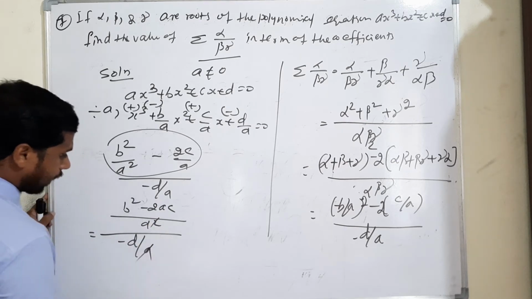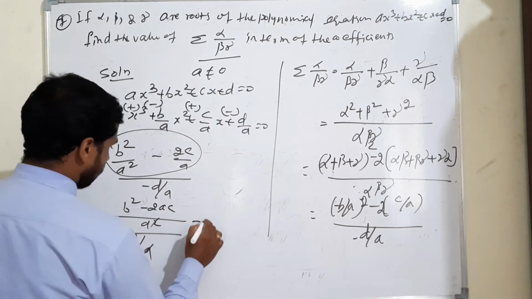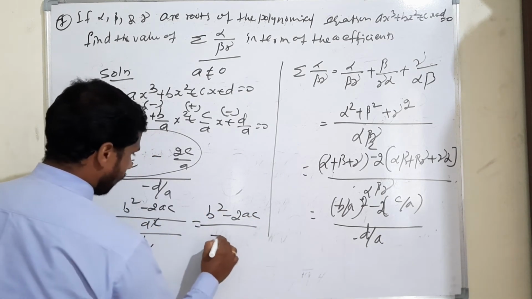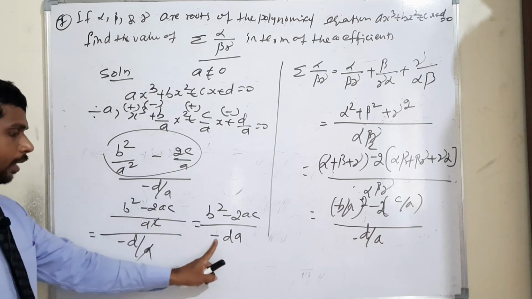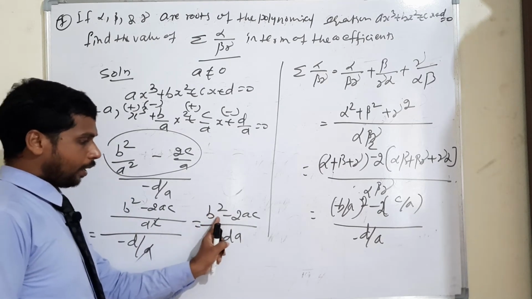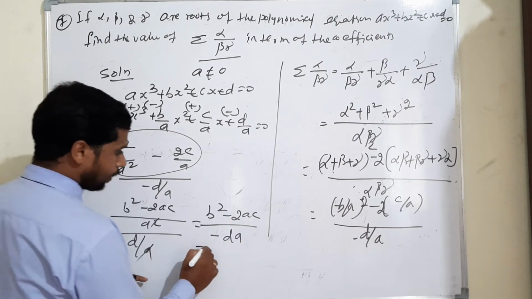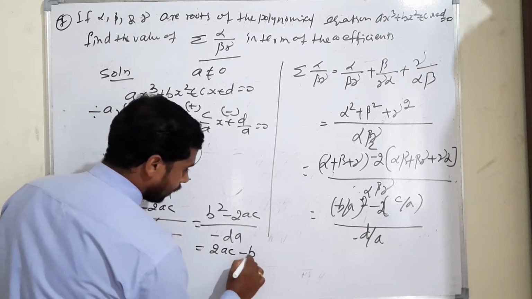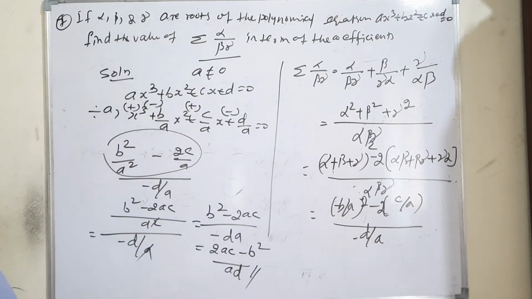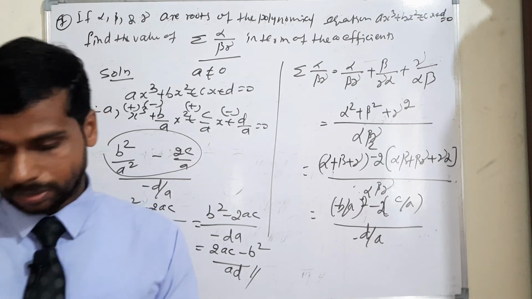Again a square and a cancel, means remaining b square minus 2ac divided by minus dA. So, denominator starting negative sign, so just we have to interchange in numerator. Negative sign convert to positive means definitely positive 2ac minus b square by ad or dA. This is the answer for question number 7. Okay, I will continue the next question.